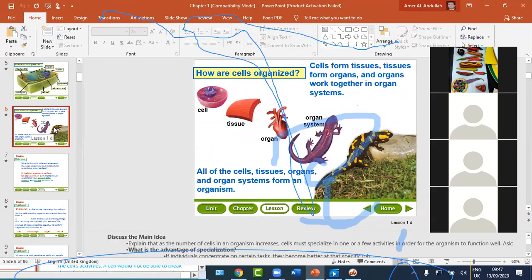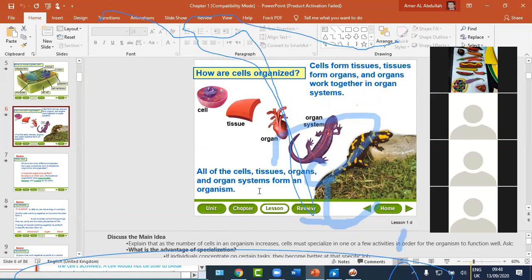How are cells organized? Cells form tissues, tissues form organs, and organs work together in organ systems. Look at the pictures: cell, tissue, organ, organ system, all for an organism. There's a series from cell to organism.